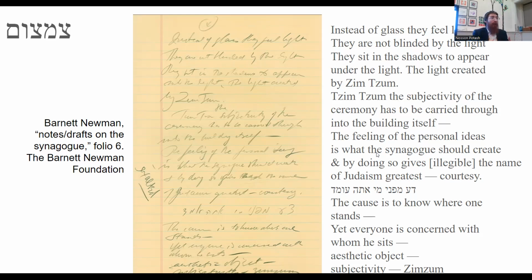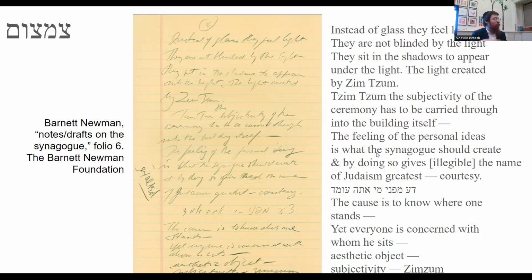Tzimtzum is what allows there to be things that feel themselves to be other than God and in a relationship with God, or other than the artist, other than the creator. Creator with a capital C, creator with a small c, creator as artist. There can only be a relationship between the artist or the art and the viewer if there's a gap between them, if there's a place between them in which they can meet.